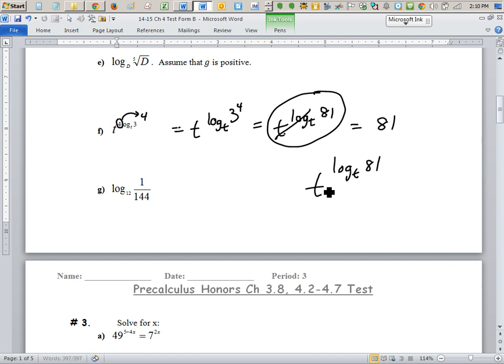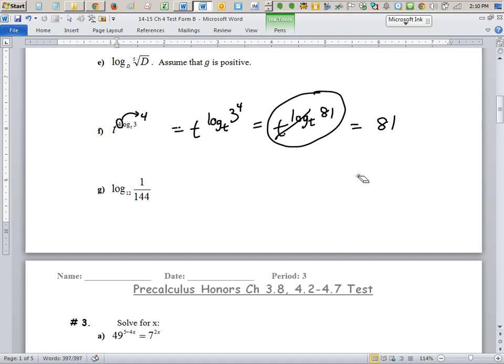And then this is asking t to what power of t makes 81. The answer is 81. So basically it's saying what is the power of t that makes 81, and then take that number and put it on t, that's going to give you 81. So a little hard to grasp, but true nonetheless.